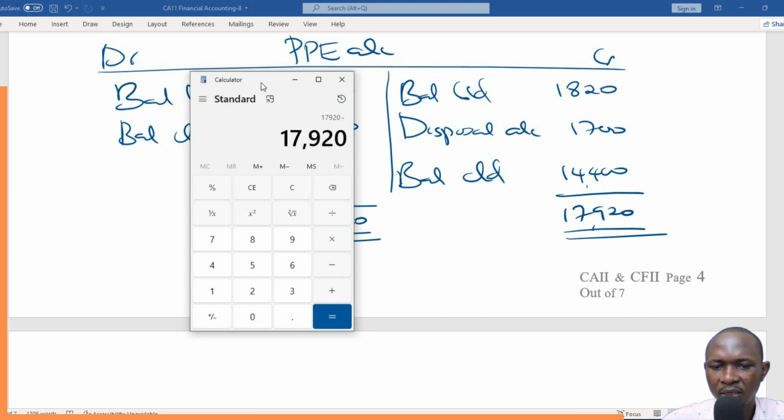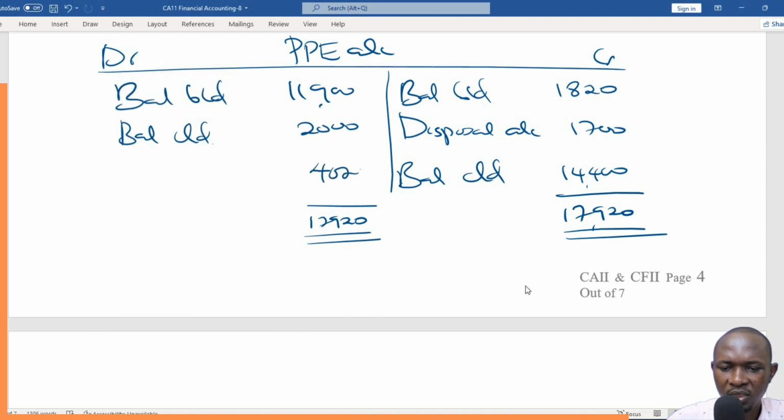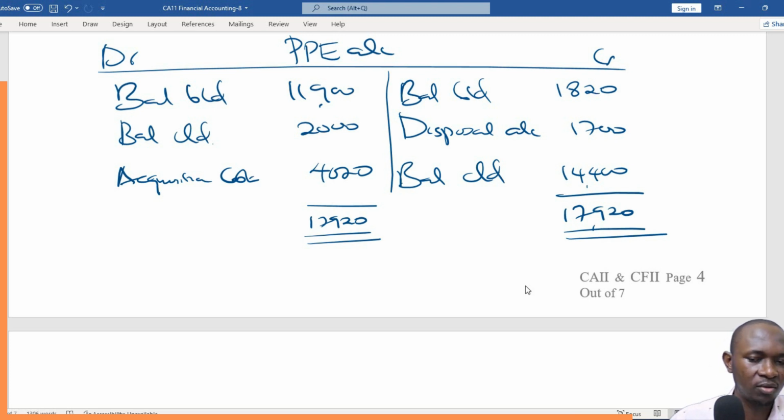17,920 minus 11,900 minus 2,000. This gives us 4020. And we can simply say that this is the acquisition cost, that was the money that actually, this will be the bank.